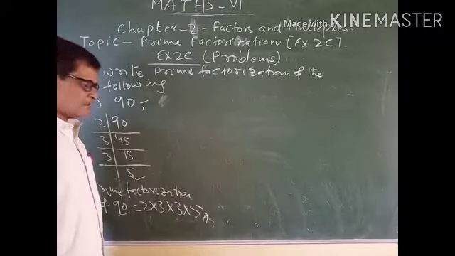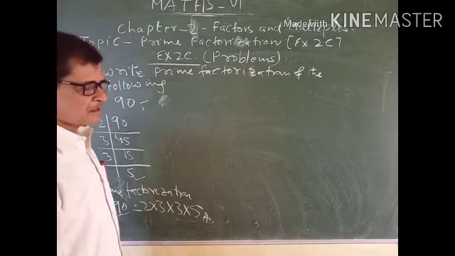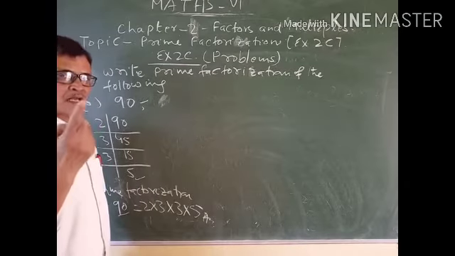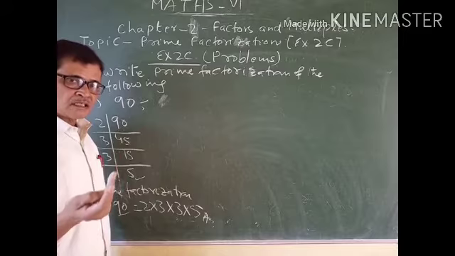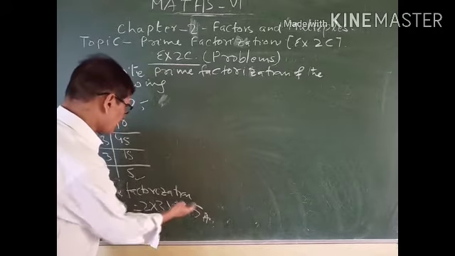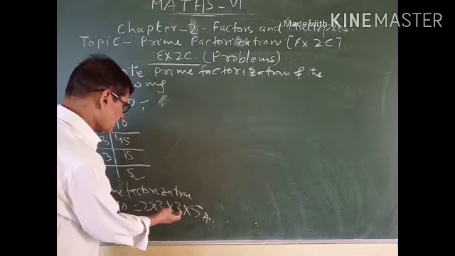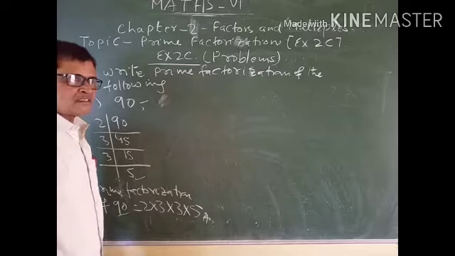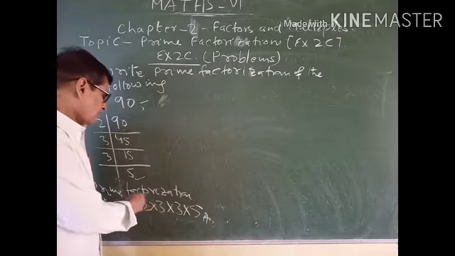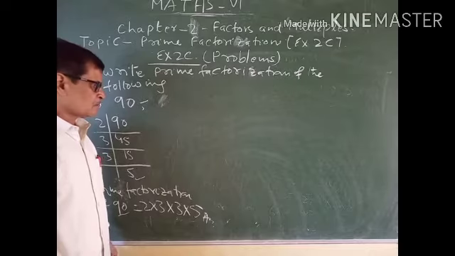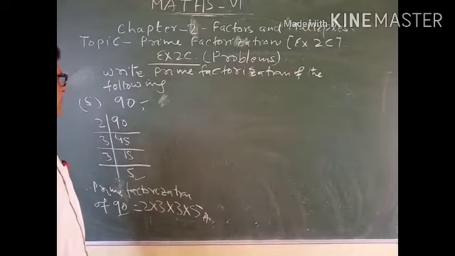The prime factorization of 90 will involve only 3 types of prime factors, 2, 3 and 5. Order may be different. You can write 5 first, then 3, then 3, then 2. Order may be changed, but the involvement of prime factors will be the same. So the representation of prime factorization is unique.